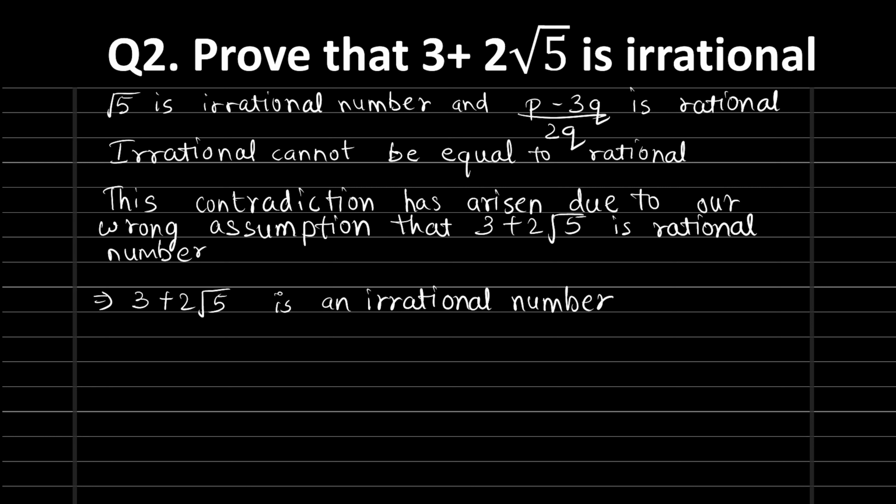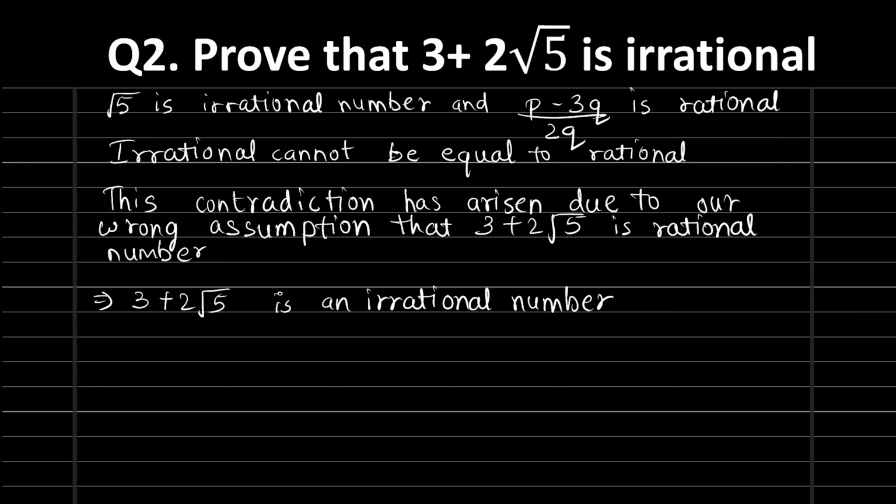So, this was the method of contradiction. What did we observe here? Initially, we assumed 3 plus 2 root 5 as a rational number, which can be expressed in the form of p by q, and HCF of p and q should be equal to 1. After solving it, at a certain point we got left hand side as an irrational number, which is root 5, and right hand side as a rational number, which is p minus 3q upon 2q.